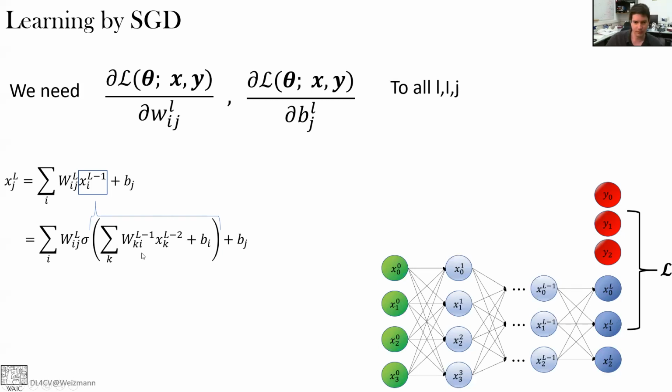Assaf? Yeah. Shouldn't the b here have a superscript L of the layer it belongs to? Yeah, it should. Yeah, I'm sorry for that. Okay, thanks. And the W^L, shouldn't it be ji instead of ij, or am I missing notation? Yeah, you're right again.